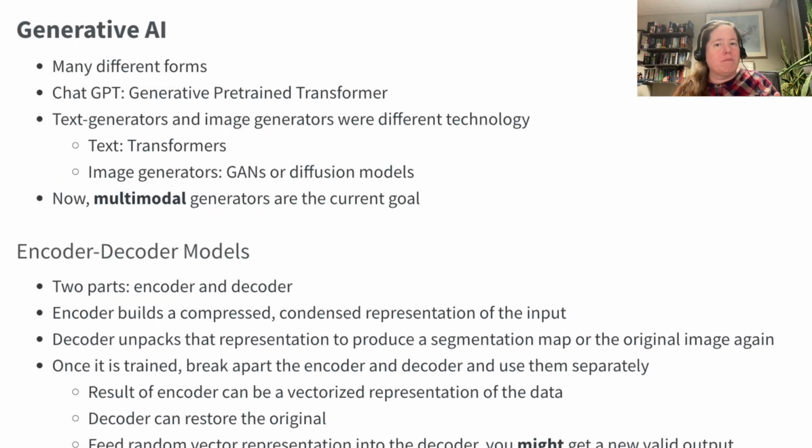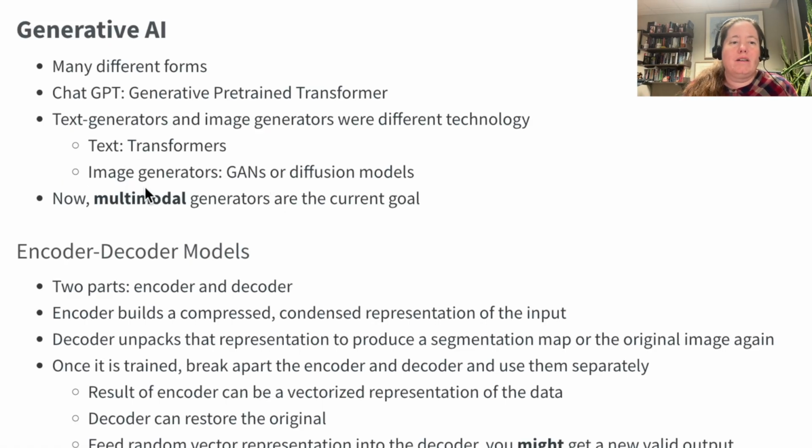And there has always been an interest with image generation in connecting image generation to text. We want people to be able to say what it is they would like the AI system to generate, and that is what's usually done in text. So in text generators, you usually see this transformer architecture. It's an encoder-decoder model.